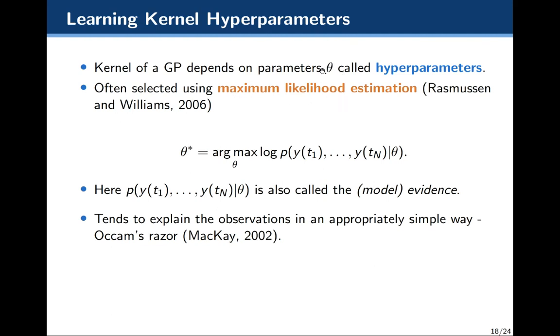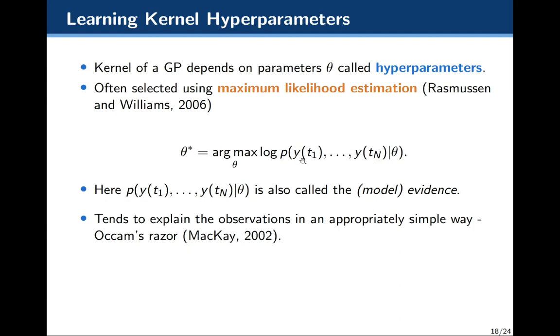And so these hyperparameters of the kernel, like the length scale or the variance, how do we actually learn them? Well, one way of learning them is to use maximum likelihood estimation. Basically, given a set of parameters that I could choose, I can evaluate the likelihood, or the probability, of observing that data under my model. And I'm going to select the set of parameters that actually maximizes these values.